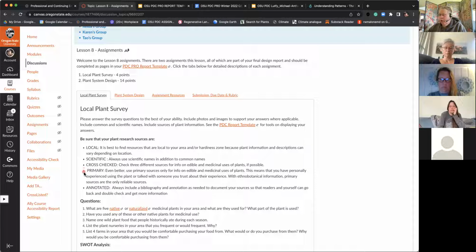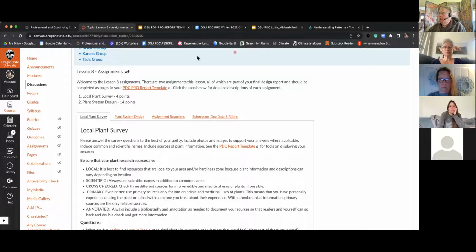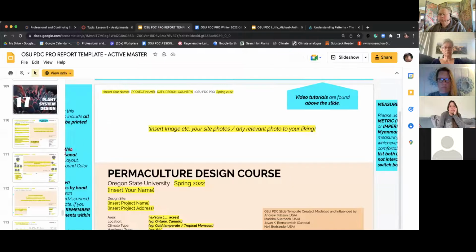And then we're looking at this primary source, and we're going to annotate that a little bit. So I think what I'll do, I'll just take a look at the template itself.